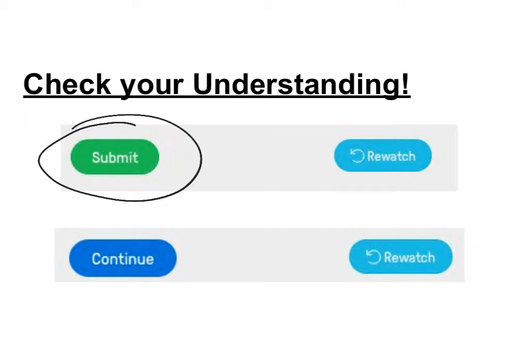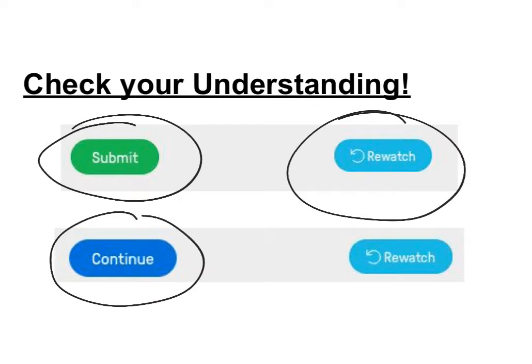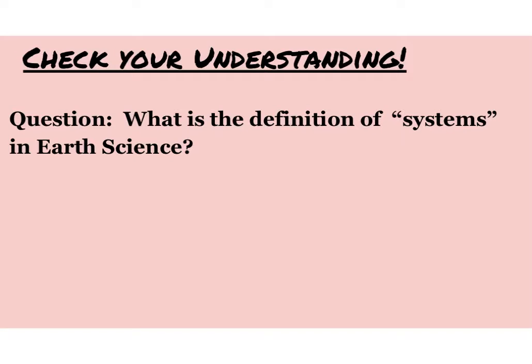If you can't answer the question using your notes, then click the rewatch button and rewatch the video, take better notes, and then you can try it again. Once you are done answering, you can click on the continue button to continue watching the rest of the video. So here is your question. What is the definition of systems in Earth science?